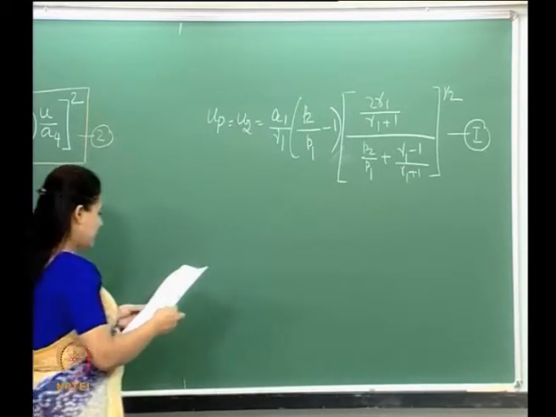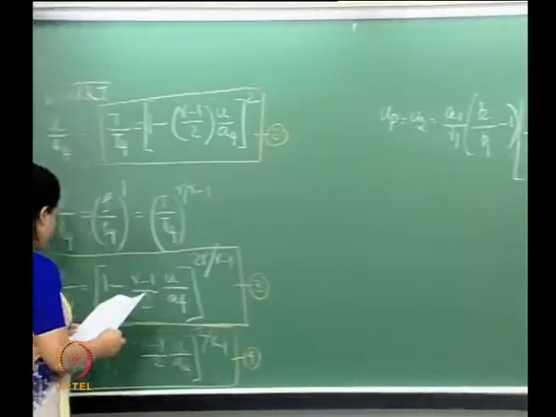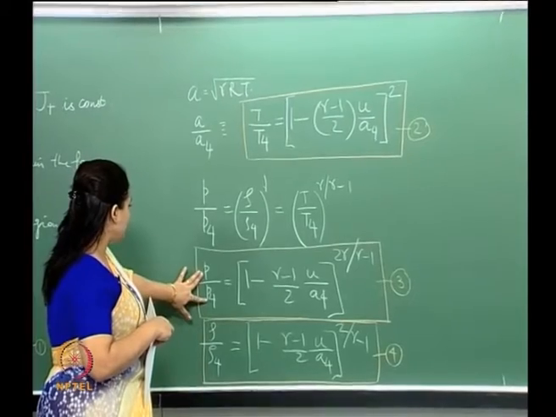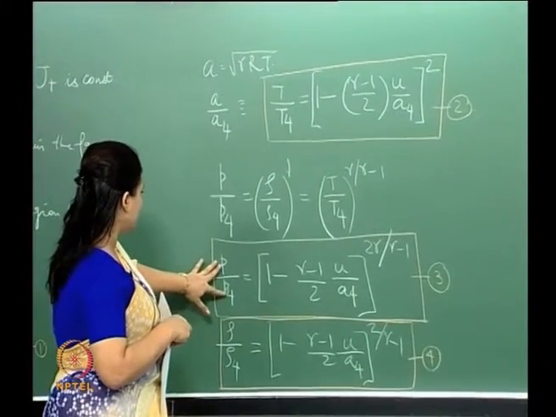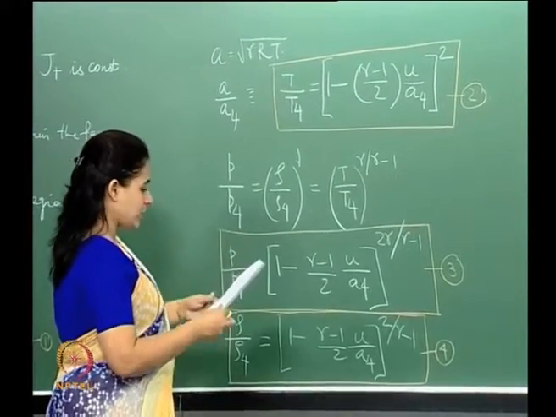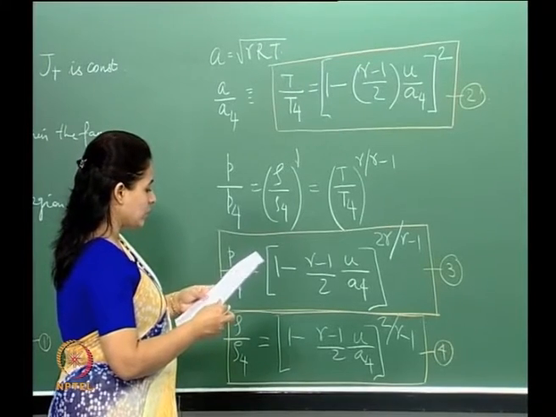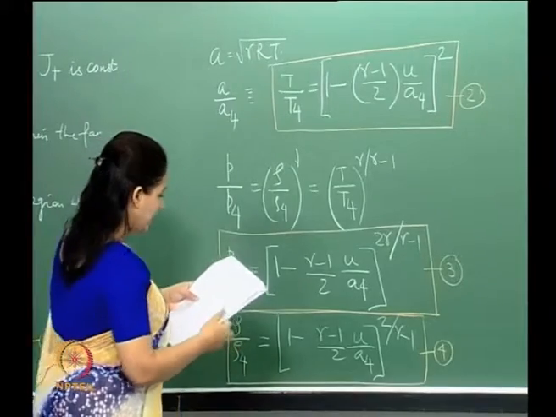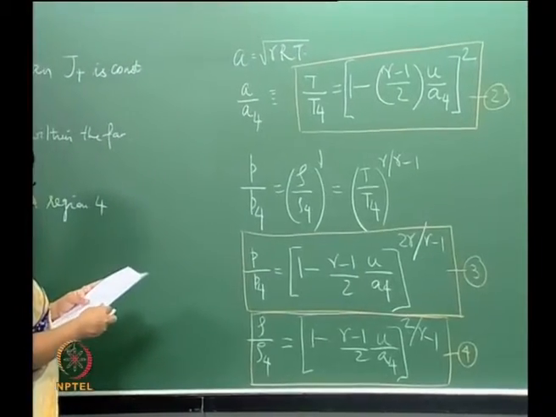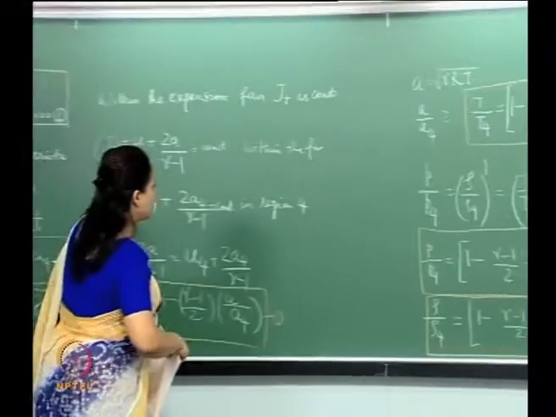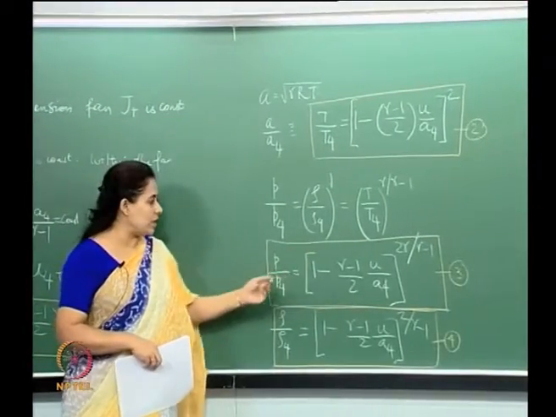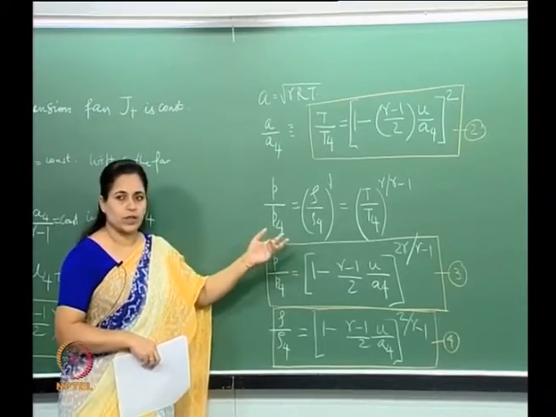Now what we will do is use the pressure equation here, and we will apply it anywhere between the head and tail of the expansion wave. So this is the pressure anywhere within the expansion fan.